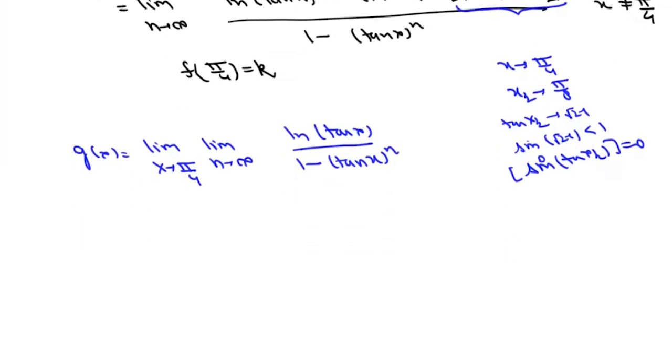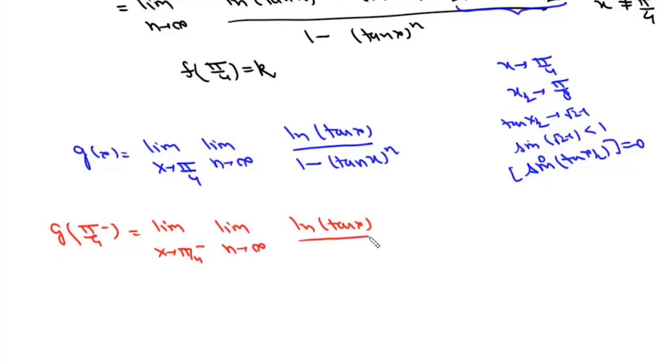Now if we consider its limit at pi by 4 negative, it will be limit x tends to pi by 4 negative, limit n tends to infinity, log tan x upon 1 minus (tan x) to the power n.